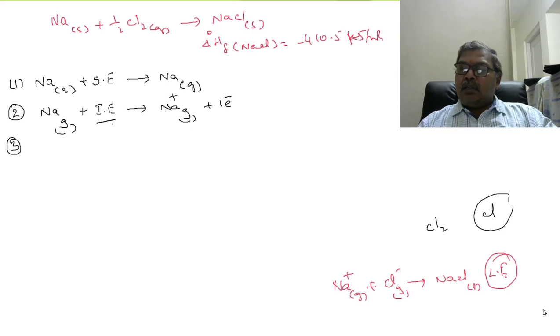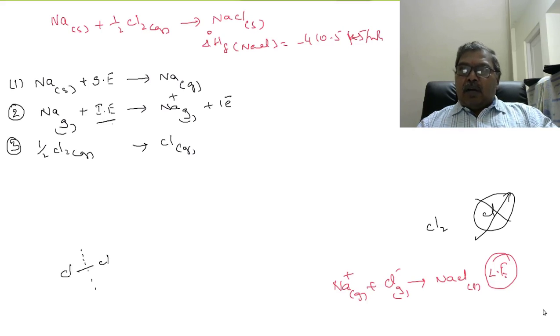Now third step. See, chlorine exists as Cl2 but not Cl. Is it not? Chlorine is a diatomic molecule. So here we are using only one chlorine atom. So therefore, the molecule has to dissociate into atoms. Now, here we are breaking the bond between chlorine atoms.